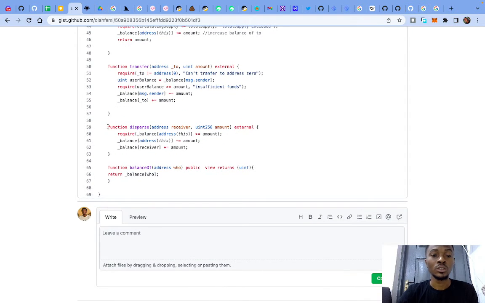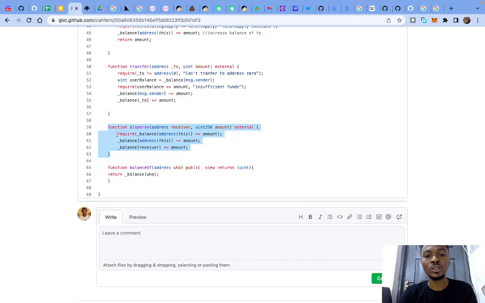So this function enables our contract deployer to be able to give tokens out, send tokens out, right?